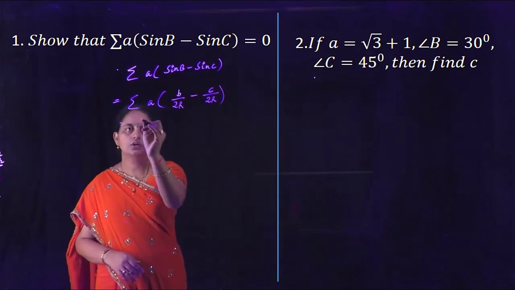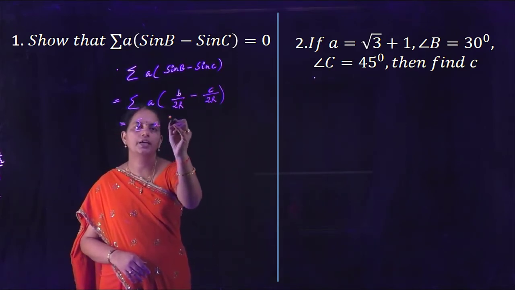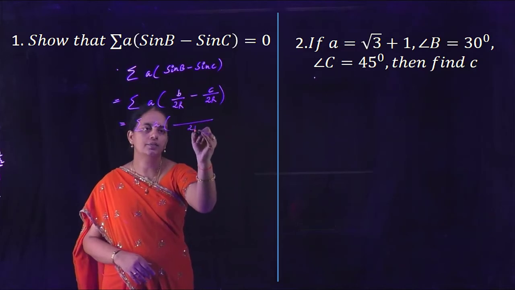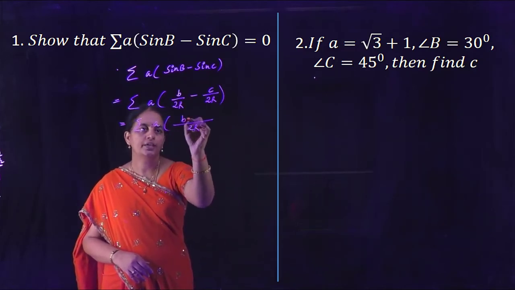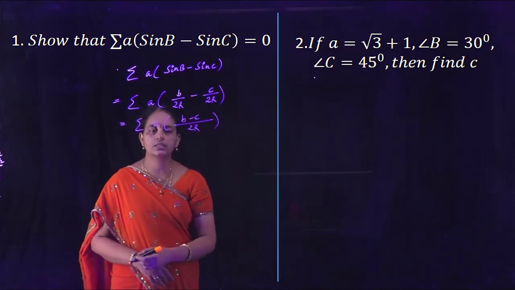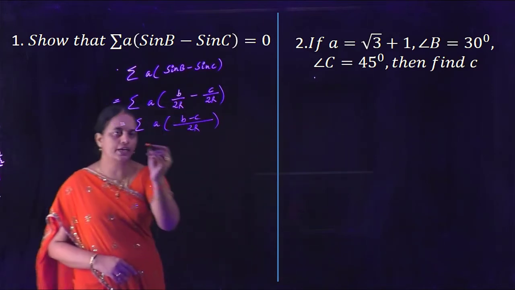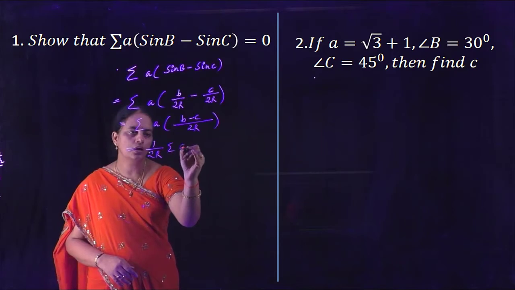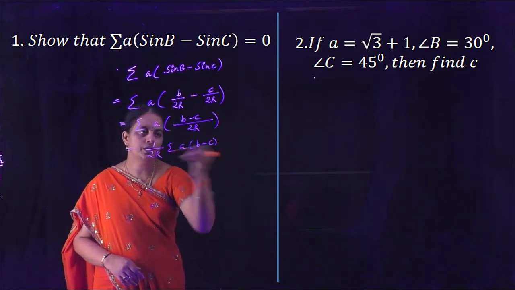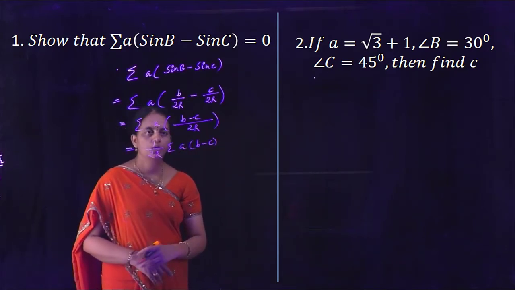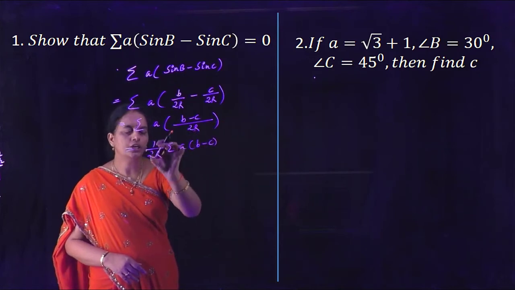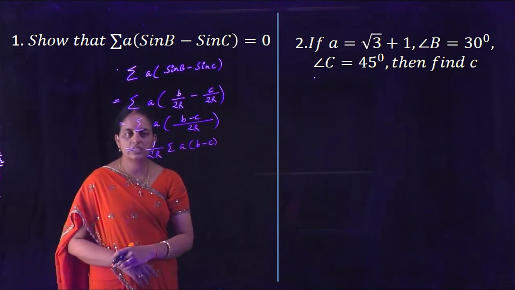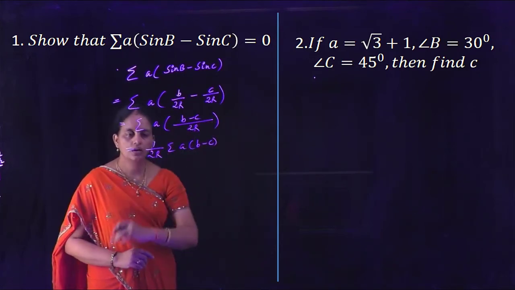This is equal to sigma a into, here the LCM is 2r, in the numerator we get b minus c. From this we can write 1 by 2r into sigma a into b minus c. Here we write 1 by 2r outside of sigma, since 2r is a constant.